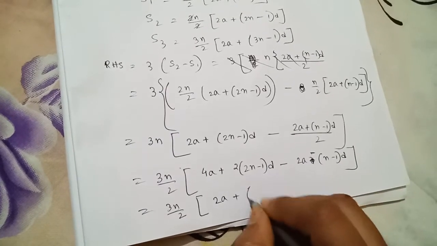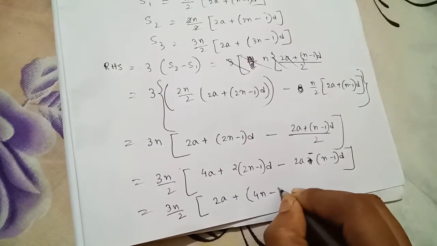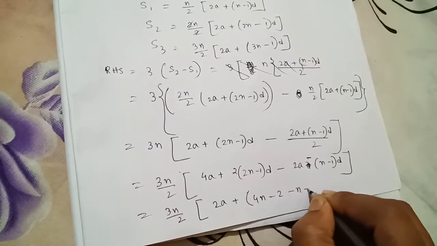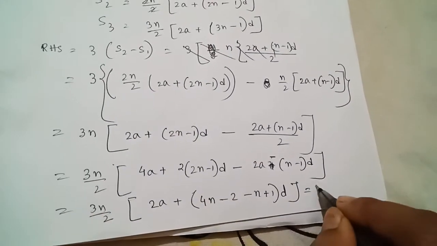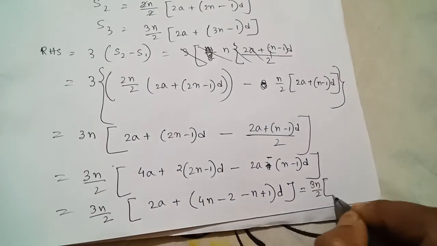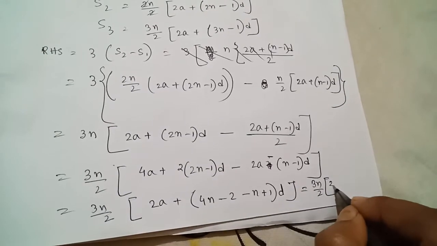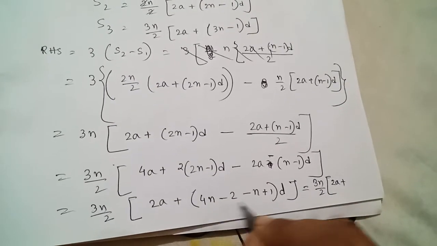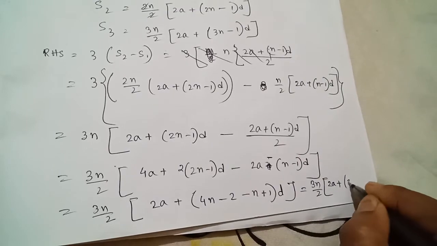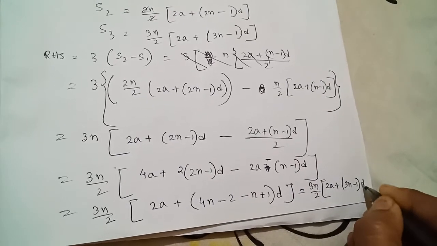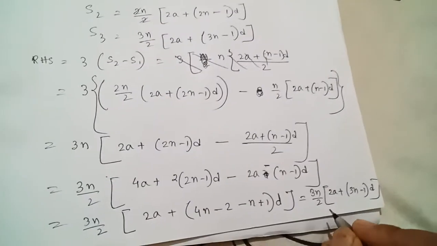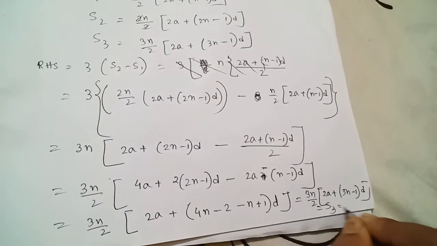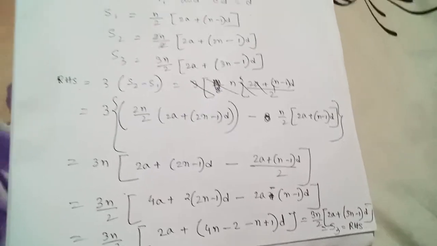So d can be taken as common, so it's 4n minus 2 minus n plus 1 into d. What are we getting? We are getting 3n by 2 here and then 2a plus, look, this portion we are getting 3n minus 1 into d. So what is it? It is actually S3. So we have got it proved.